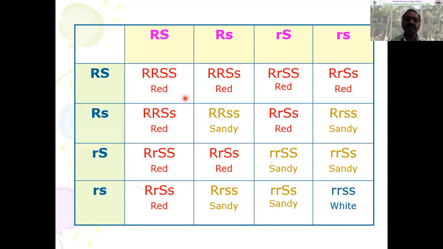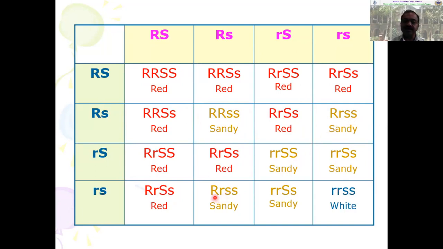Here we can see by actually crossing the 4 male and female gametes, we have the 16 combinations. Whenever we have one capital R and capital S, it would be a red color, where both dominant alleles are there. There would be 9 crosses of red color. Whenever we have one dominant allele and its respective non-allelic pair is recessive, it would be sandy. That is here capital R, small ss. Here also one capital R with a small ss.